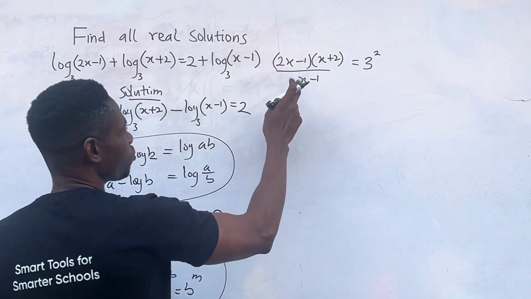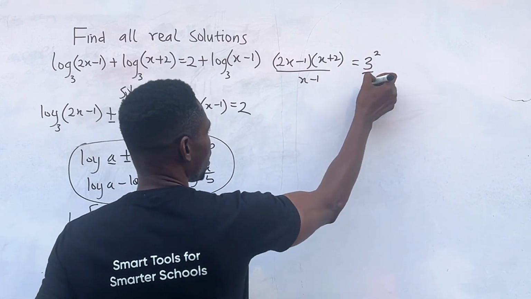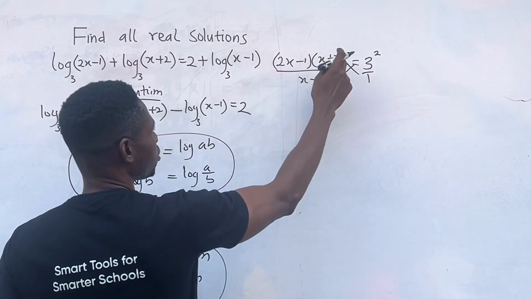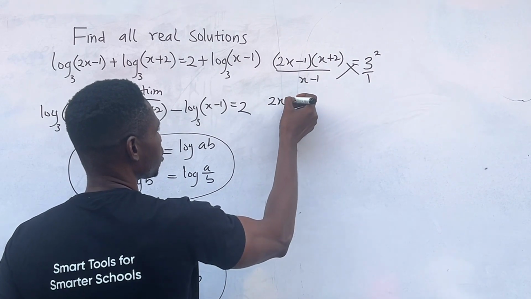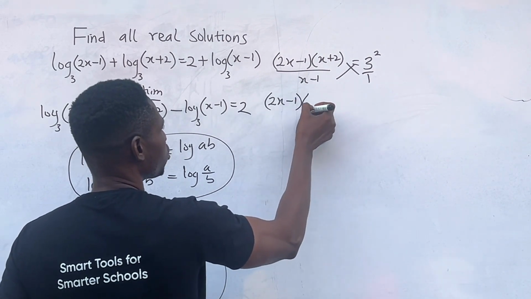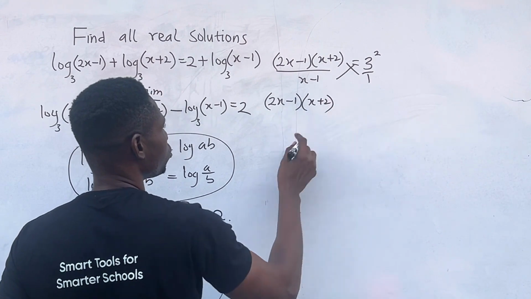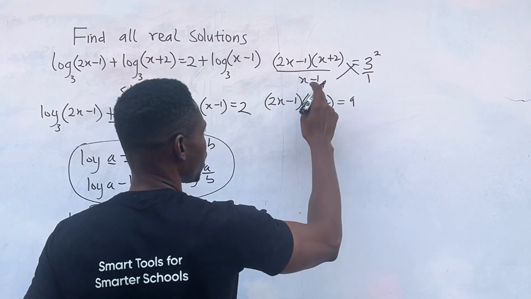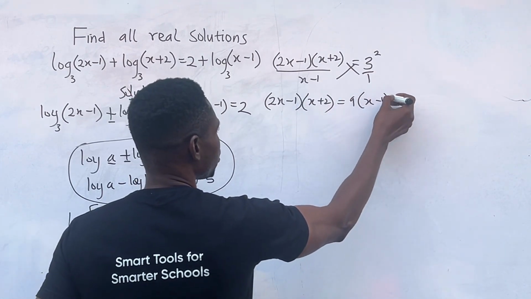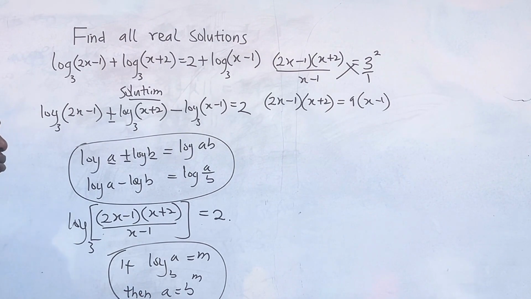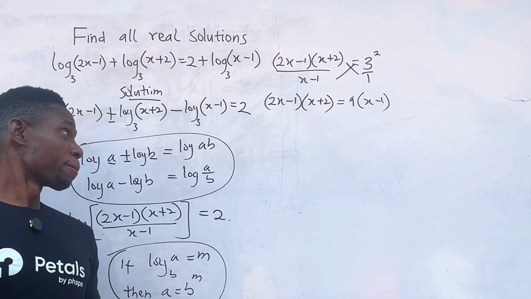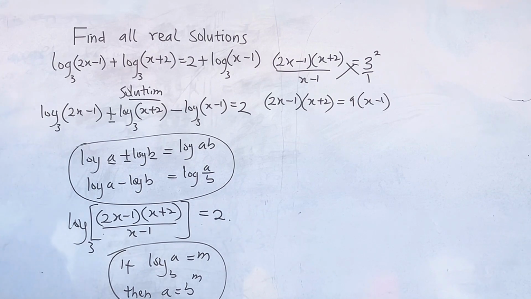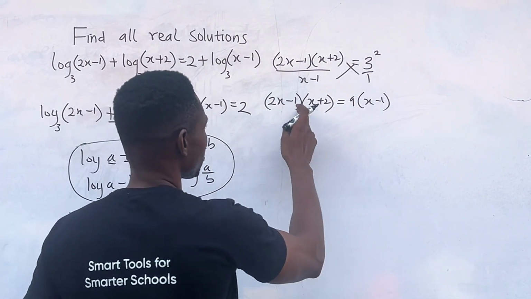Okay, so from here we can cross multiply, and then for this bracket we have 2x minus 1 multiplied by x plus 2 equal to 9. That's 3 squared is 9 multiplied by x minus 1. Okay, so from here, what do we do? Let's expand this bracket.